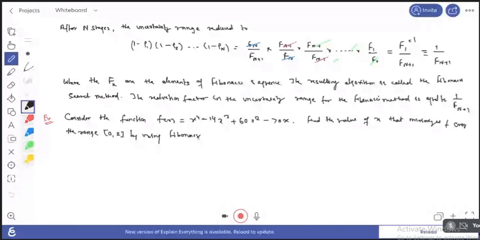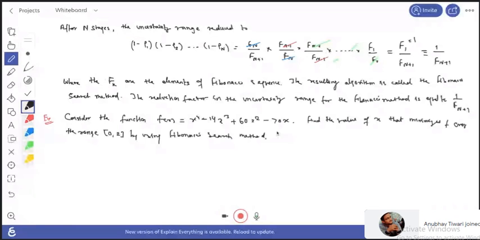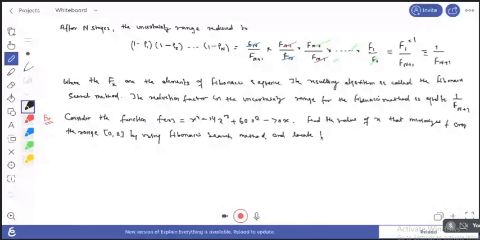Okay, and locate this value of x within the range of 0.3. In the last problem we took the same thing, but here we change our method, that is the Fibonacci search method.